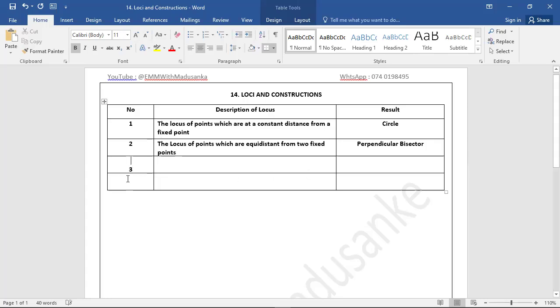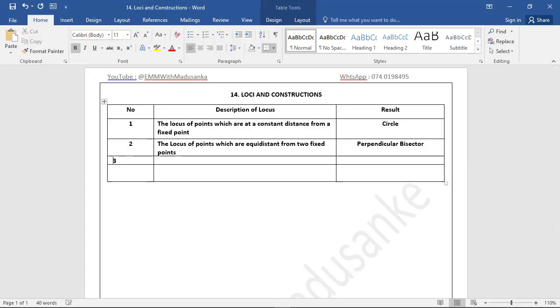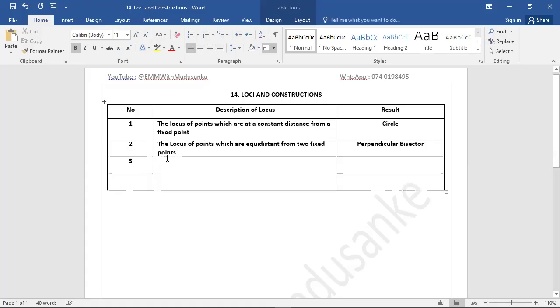Right. Third one, what we are going to learn as a third point. Right. The resulting locus is two straight parallel lines, on either sides.